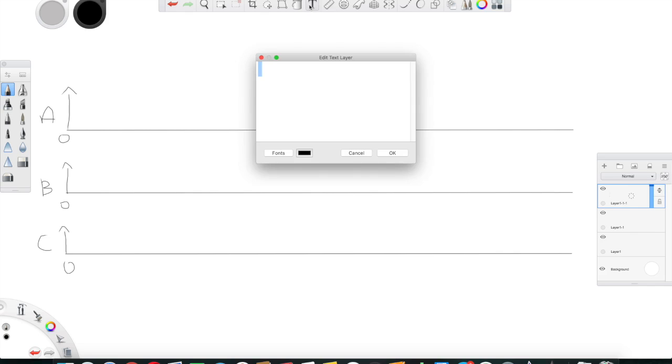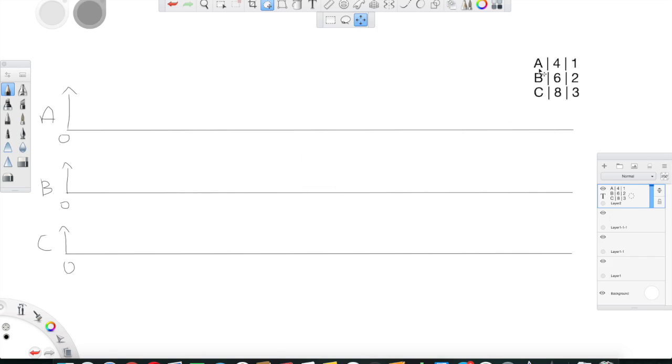Also, we need to know the properties of the tasks. Task A has a period of 4 and an execution time of 1. Task B has a period of 6 and an execution time of 2. And finally, task C has a period of 8 and an execution time of 3. We click OK, and we can move this to the side.